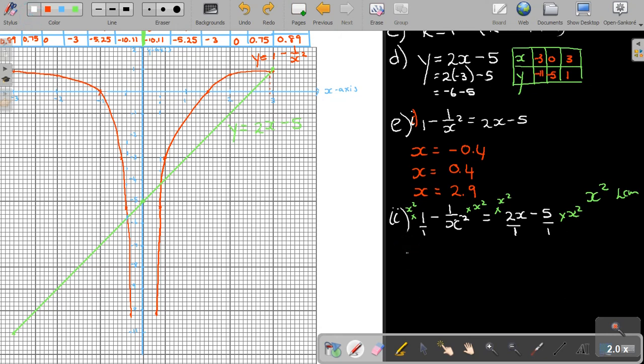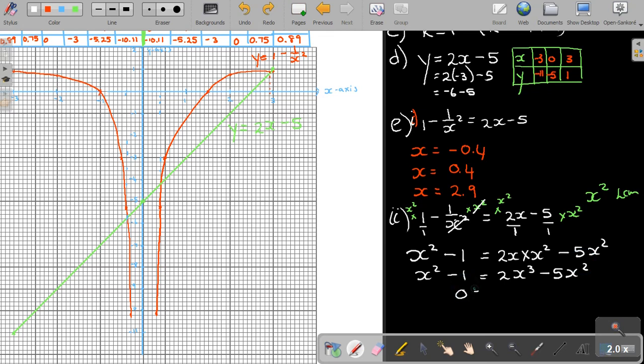So it's going to be x squared, but in this case it cancels out, so minus 1 is equal to 2x multiplied by x squared minus 5x squared. So it's x squared minus 1 equals 2x to the power of 3 minus 5x squared. Just take everything to one side.